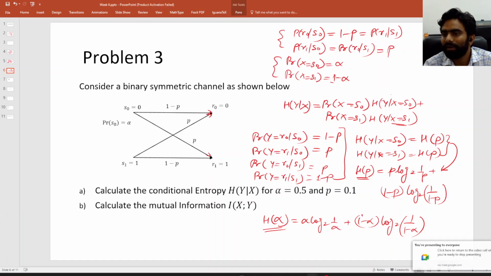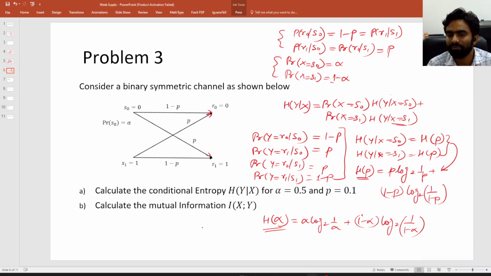So directly you can write H of Y given X equal to s naught is H of p, and here Y given X equal to s1 is also H of p. So we can solve this one. So H of Y given X would be probability that X equal to s naught is alpha, so alpha H of p plus that would be 1 minus alpha H of p.